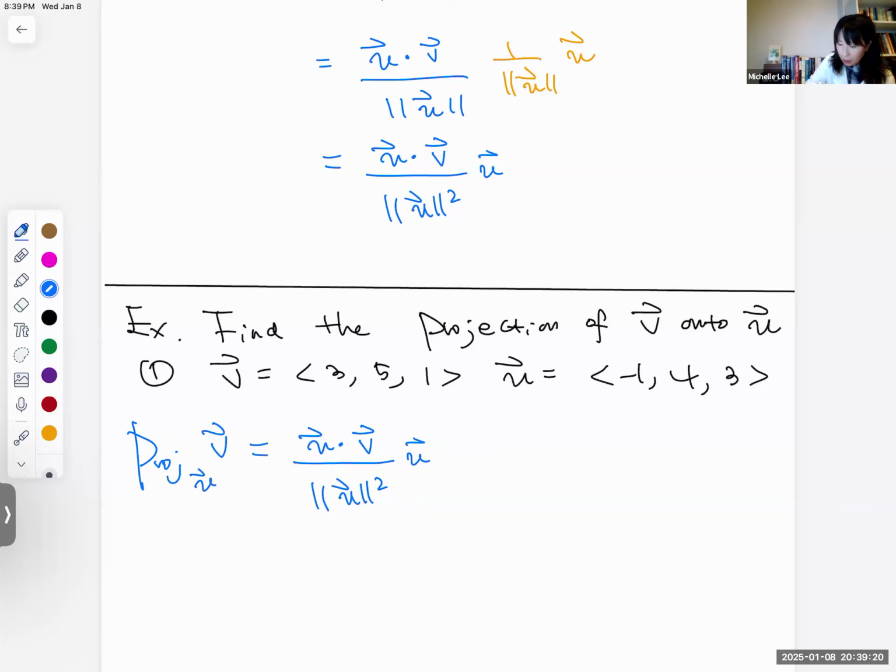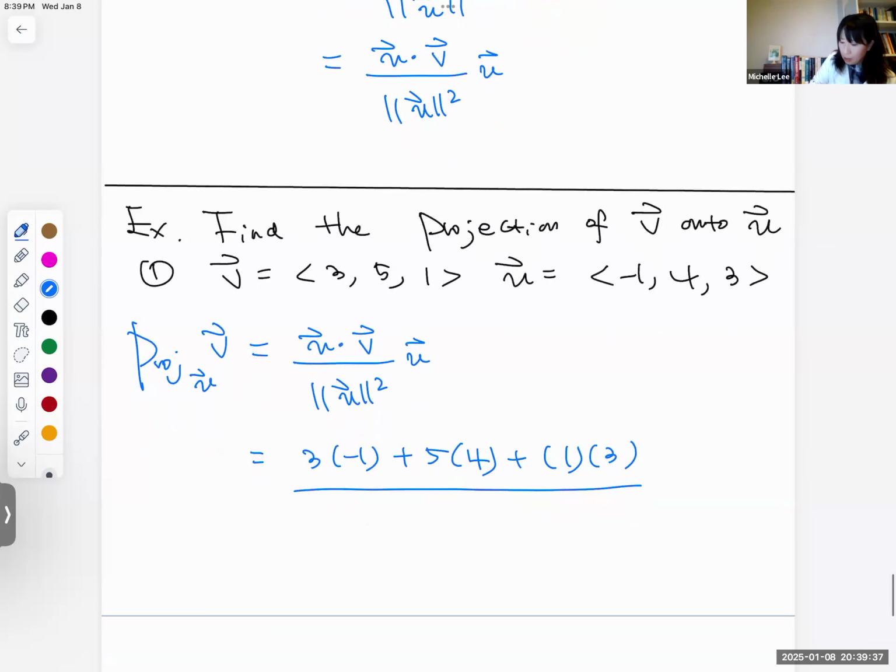So there will be the dot product of U and V: 3 times -1 plus 5 times 4 plus 1 times 3, over the square root of the magnitude of U squared, so (-1) squared plus 4 squared plus 3 squared, squared, right?